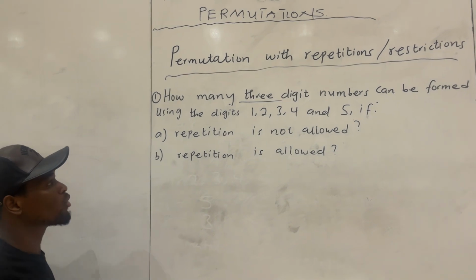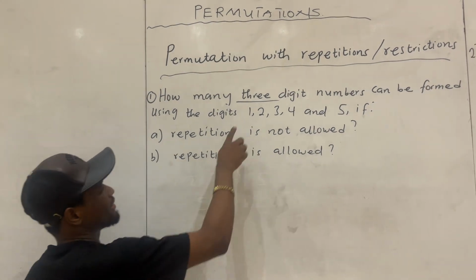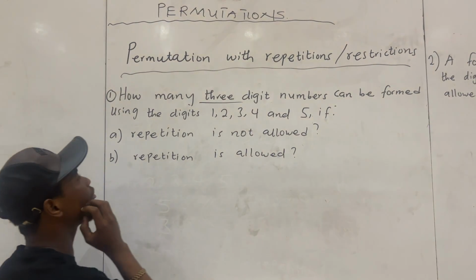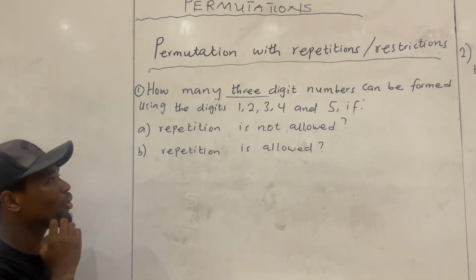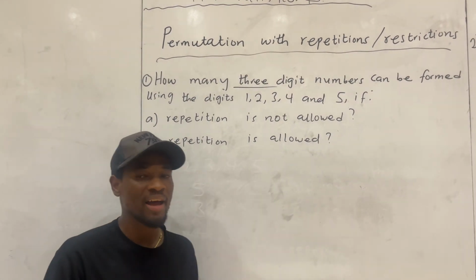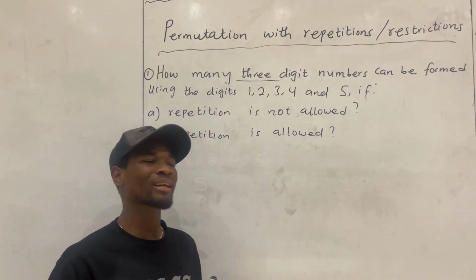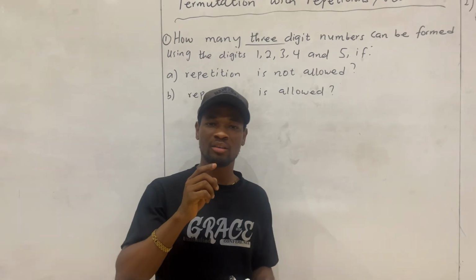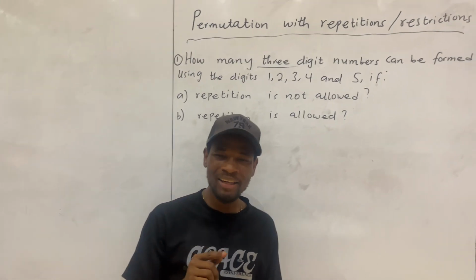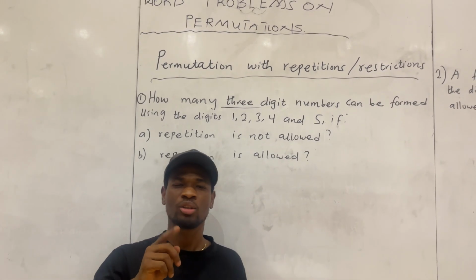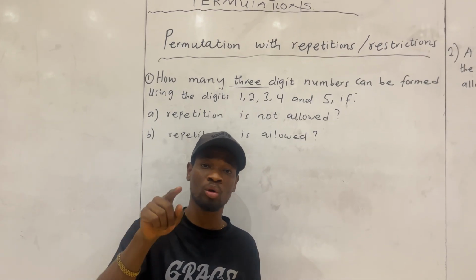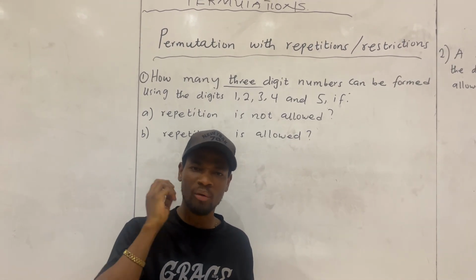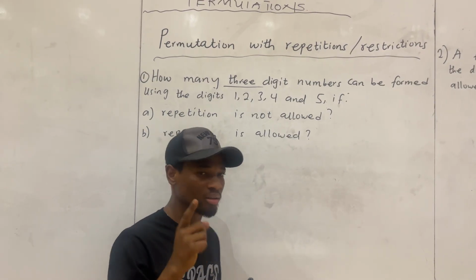So number one, how many three-digit numbers can be formed using the digits 1, 2, 3, 4, and 5? I told you that for word problems in permutations, we need to identify the value of n and the value of r. We said n denotes the total number of objects.